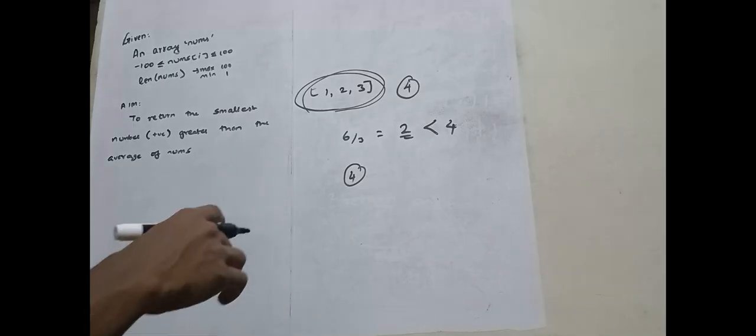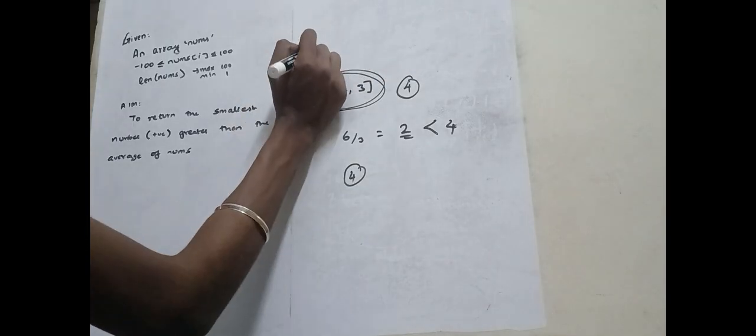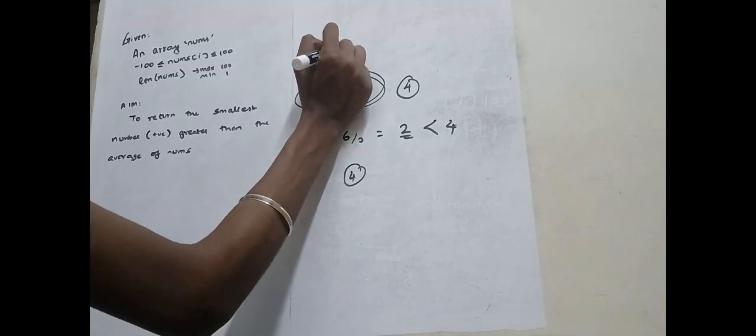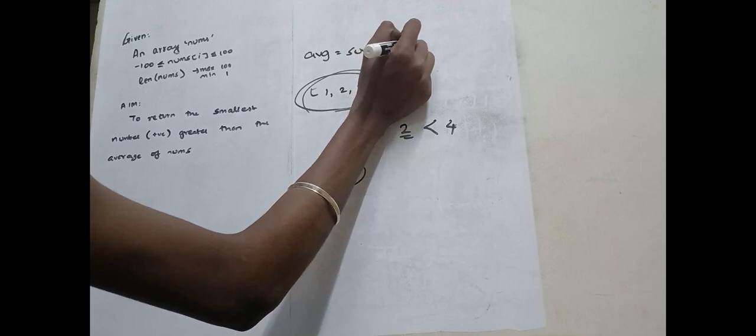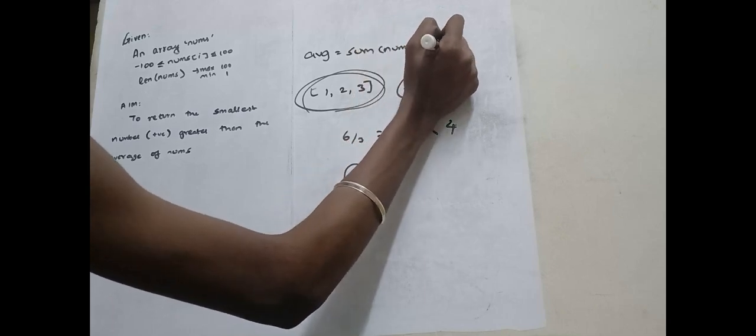Now, how do we do this? The naive approach, a very brute force approach, would be running a for loop. First of all, you will obviously calculate the average, which is equal to the sum of nums upon the len of nums.